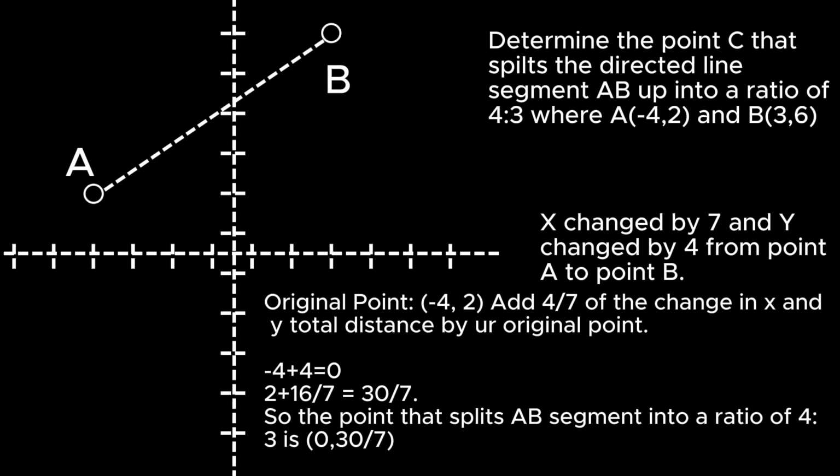So negative 4 plus 4 equals 0, and 16 over 7 plus 2 is 30 over 7. Our final answer is 0, comma 30 over 7.